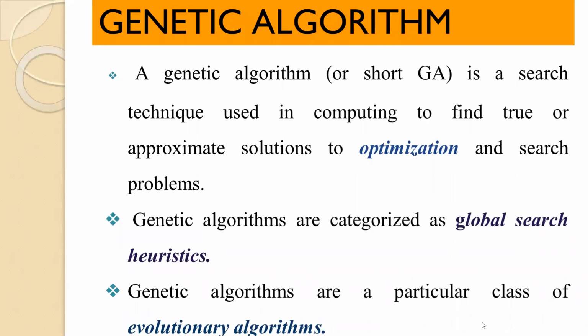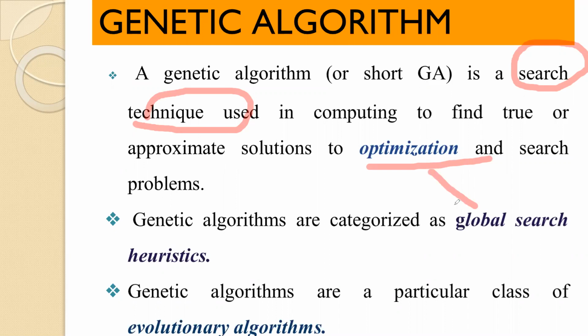Basically, the genetic algorithm is a search technique. This search technique computes the operation called optimization. This search technique emphasizes global search, and this global search emphasizes evolutionary algorithms.